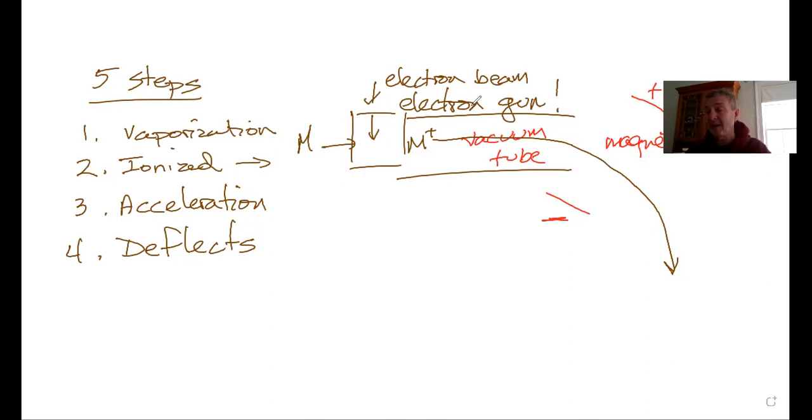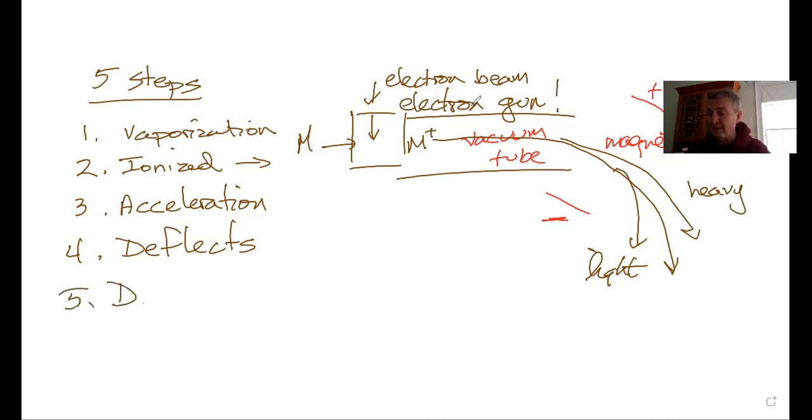Traveling at the same speed, light particles will deflect more. Heavy particles, simply due to the physics of inertia, won't deflect as much. So you're separating particles by their mass. Pretty exciting, right? And then the last logical step is you have a detector.